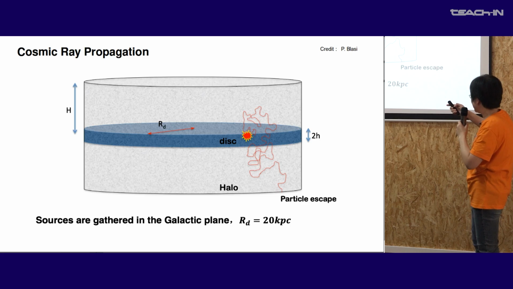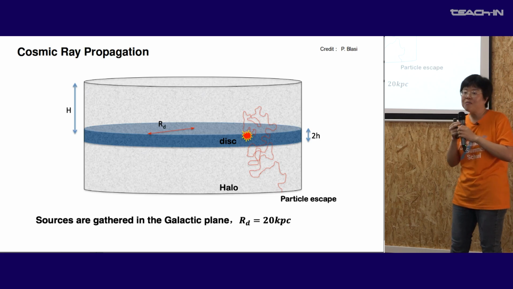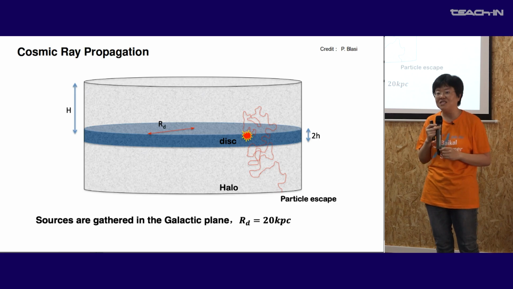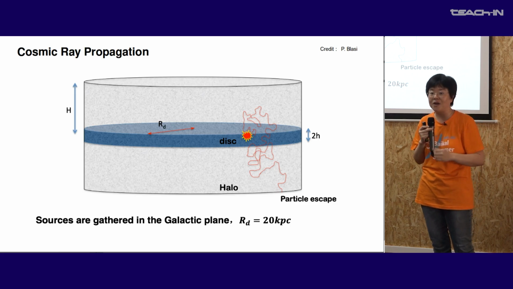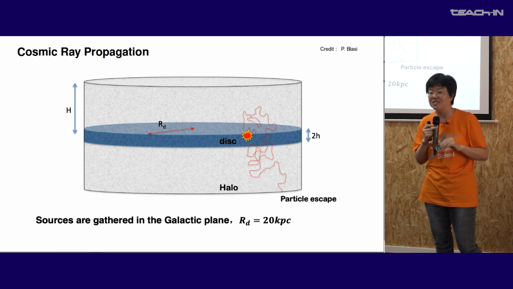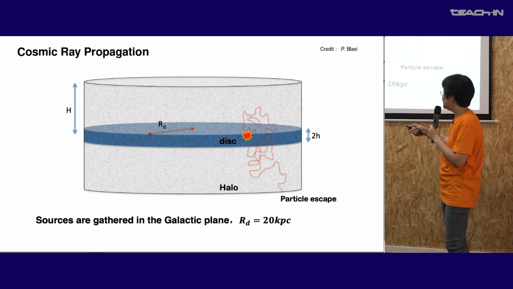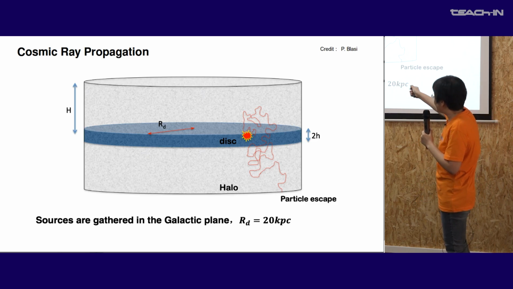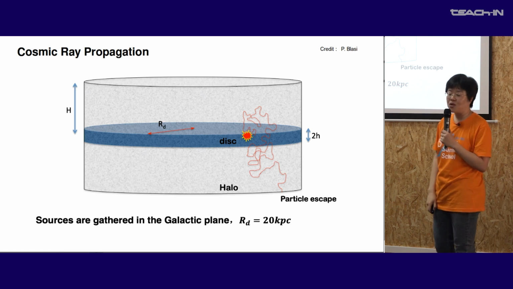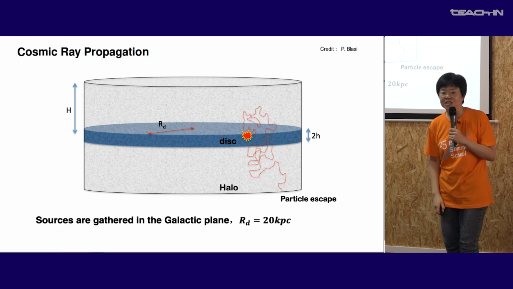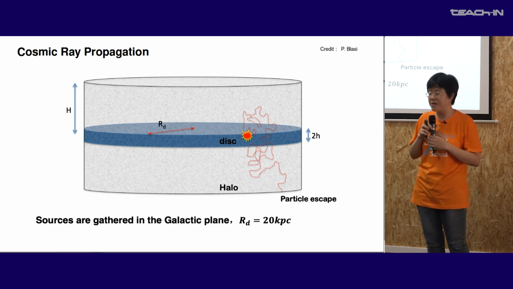The height of the galactic halo is 2h, something like 1 to 3 kiloparsec. It depends on your model, but that's fine, there's no big difference. And the radius of our galaxy is R_d. We assume R_d is 20 kiloparsec. It's reasonable, right? That's from our understanding today.